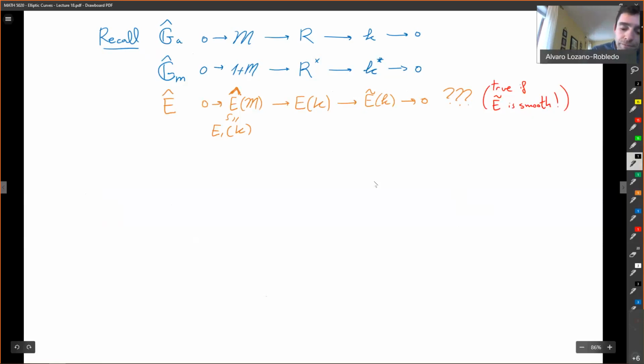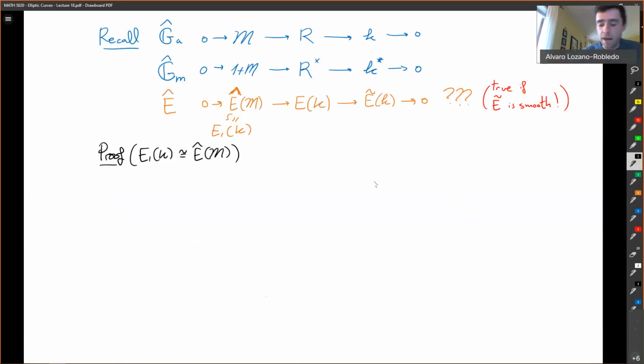Proof. So this is the proof that E1K is isomorphic to E hat M. And we have a nice map.